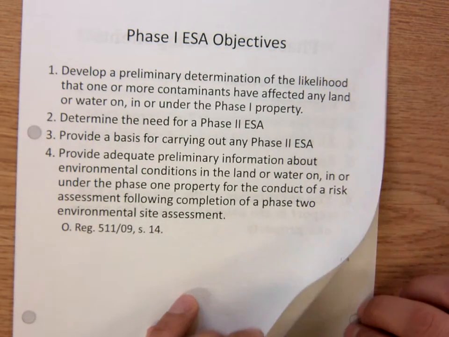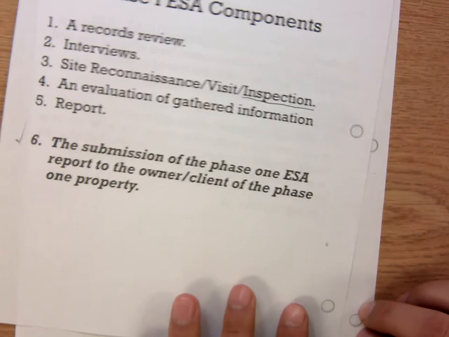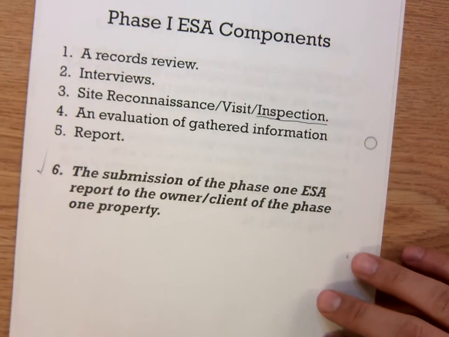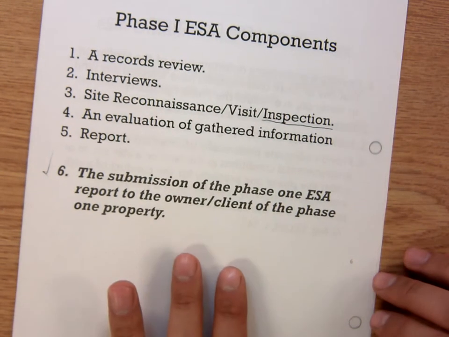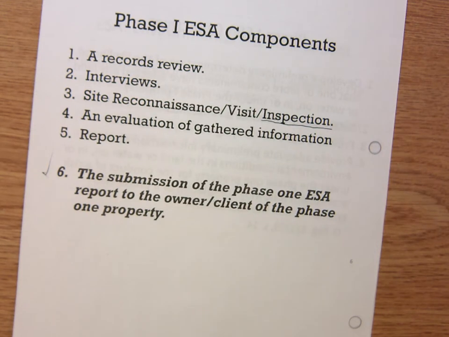So going to the next page of your document, you'll see that phase 1 environmental site assessment has a few components. These components are very typical. The first thing is a records review. We'll talk about that in more detail. What do we mean by records review? Interviews from the owner or from other people.